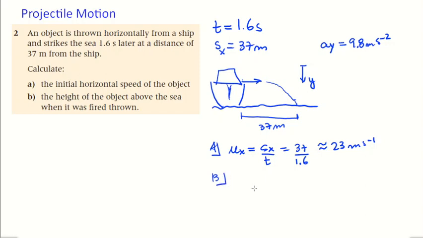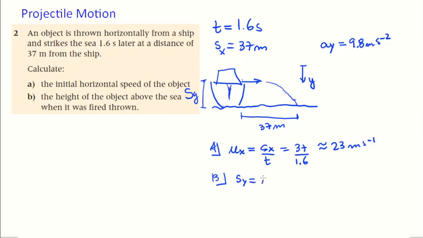What's the height of the object above the sea when it was thrown? Let's call this height Y, displacement Y. We have to choose one of the equations that we know, and here we know our CUVAT equations.